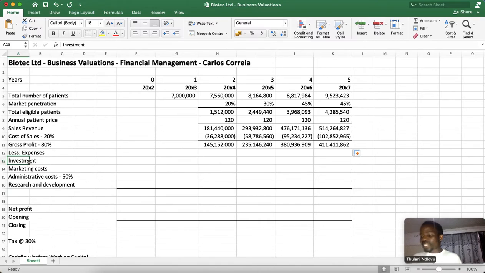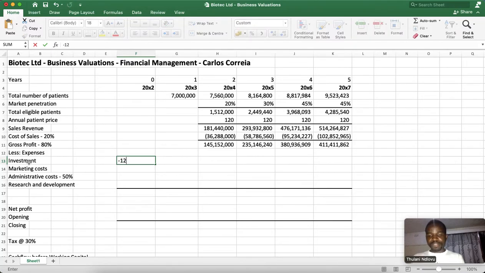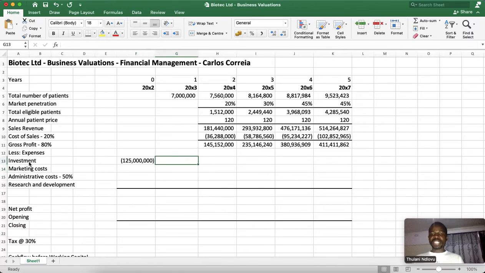The capital expenditure is 100% deductible. So if it's 100% deductible, the expenditure that will be incurred will be 125 million at the beginning of 20x3. So at the beginning of 20x3, it should be 20x2, which is our year 0.